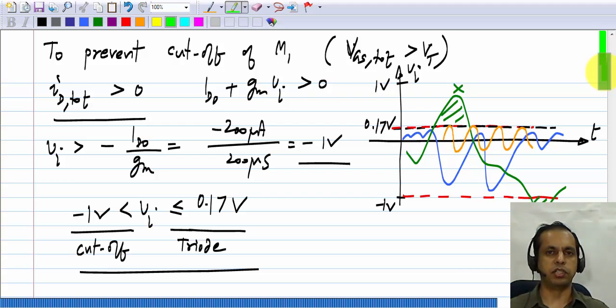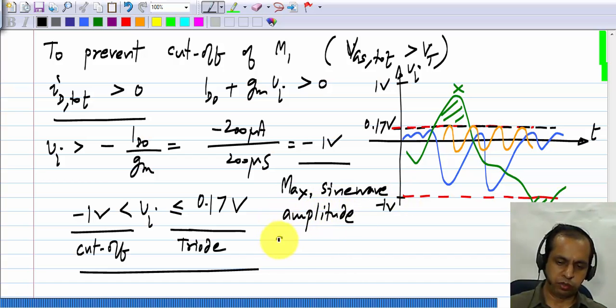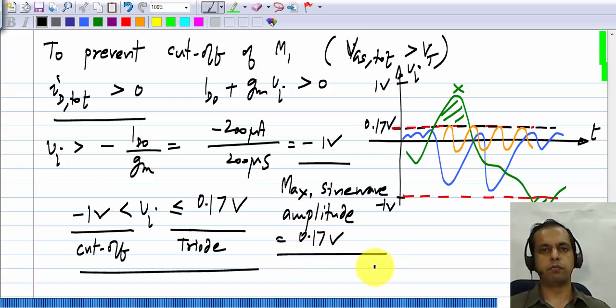So we have to choose the correct biasing technique, the convenient biasing circuit, as well as the correct quiescent parameters to get the optimum swing limit. So let me also write down that the maximum sine wave that can be fed in has an amplitude of 0.7 volts.